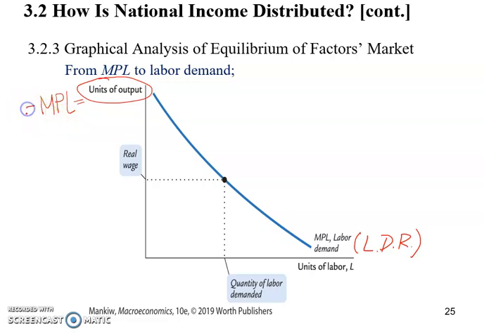If you remember, this guy equals W over P, right? That is the condition we derived, right? Here, W is the nominal wage and P is the price of the output, okay? And we said that W over P is your real wage. It's this guy here, real wage.